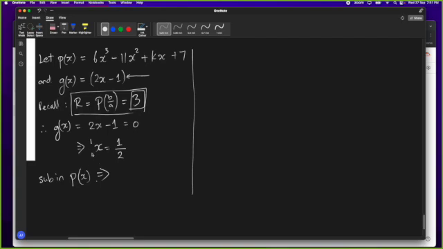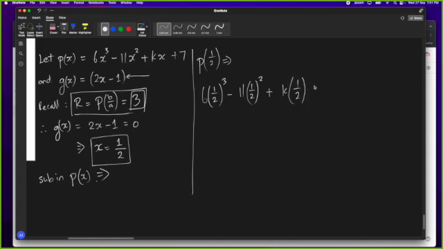So when I sub this into p of x, p of a half implies 6 by a half cubed, minus 11 by a half squared, plus k by a half, plus 7.